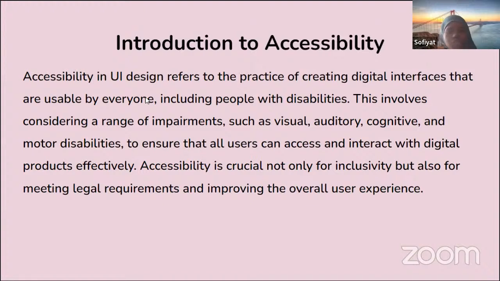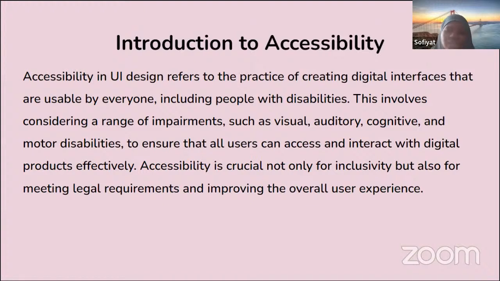So this is the introduction to accessibility. Accessibility in the UI is a practice that you need to put in place for everyone, not only people with disability, everyone, so that they can be able to use your products. Oftentimes people say it is about giving access to people with disability, but this time it is not, it's everyone.